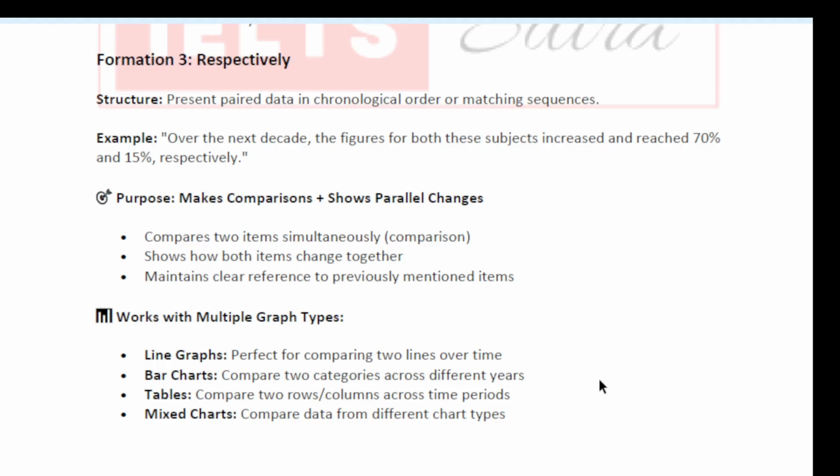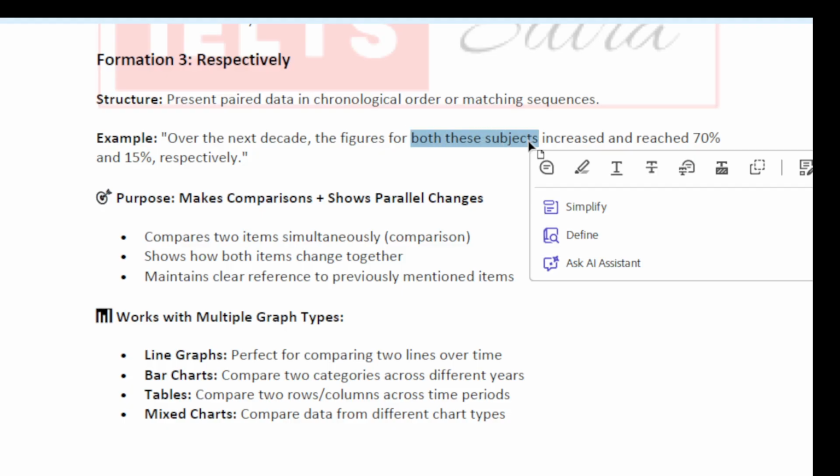For example, let's say we remember the first formation, in which we were mentioning the highest and lowest points, that the highest was for, let's say, science, which was 66%, whereas the lowest point was for maths, which was 10%. Now if I want to take it further, I can do something like this: over the next decade, the figures for both these subjects.